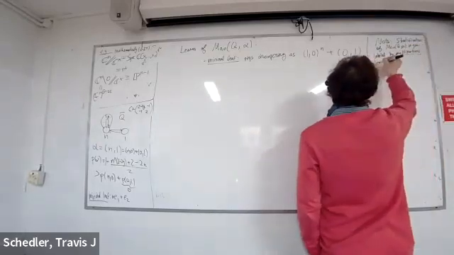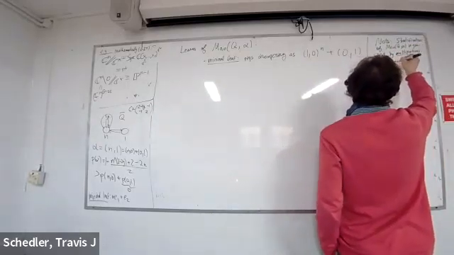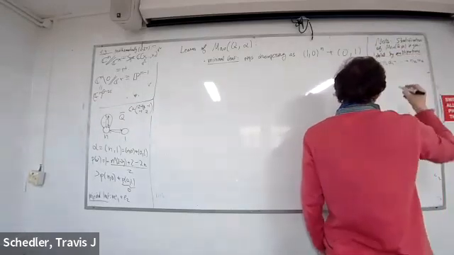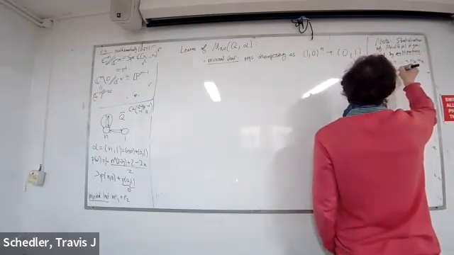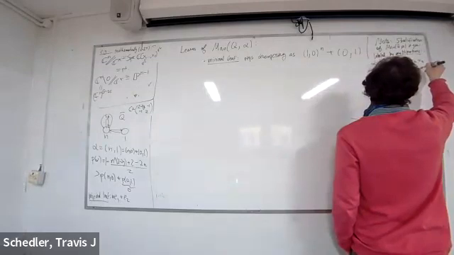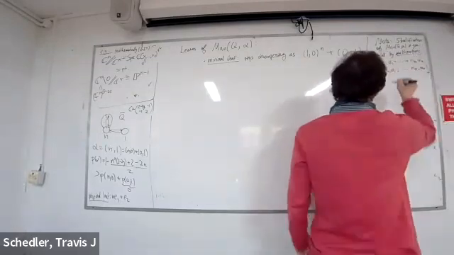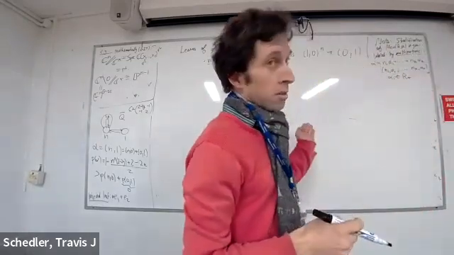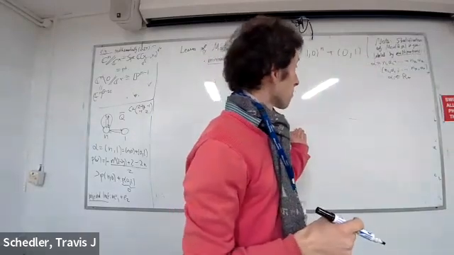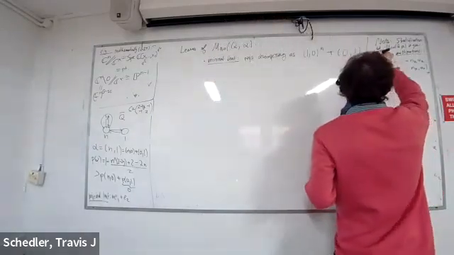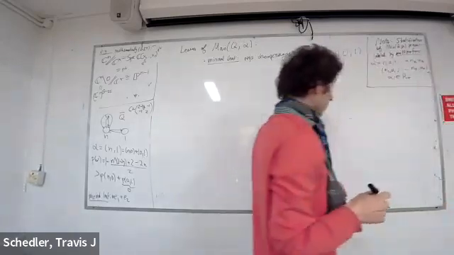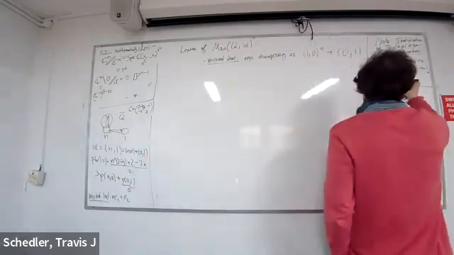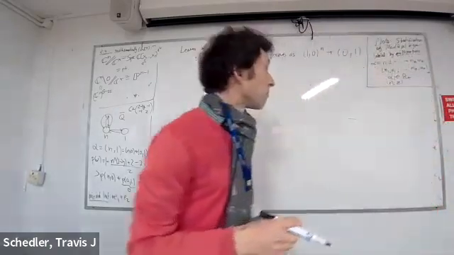So we're going to write alpha equal to N1 alpha 1 plus N2 alpha 2, and so on. It's not just a list of roots, but they come with multiplicities.